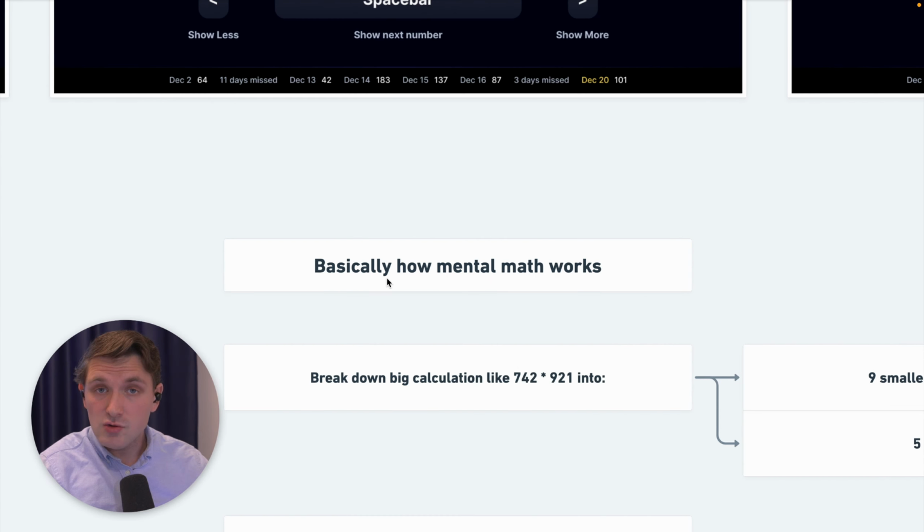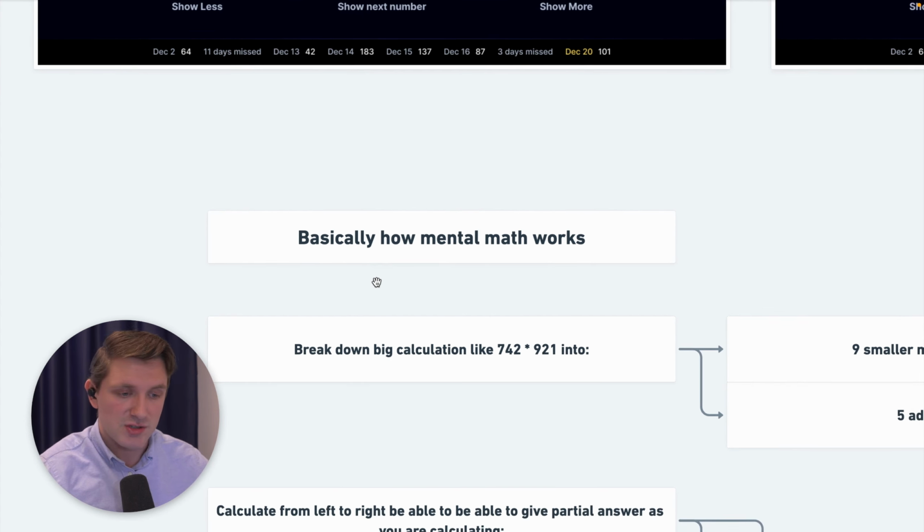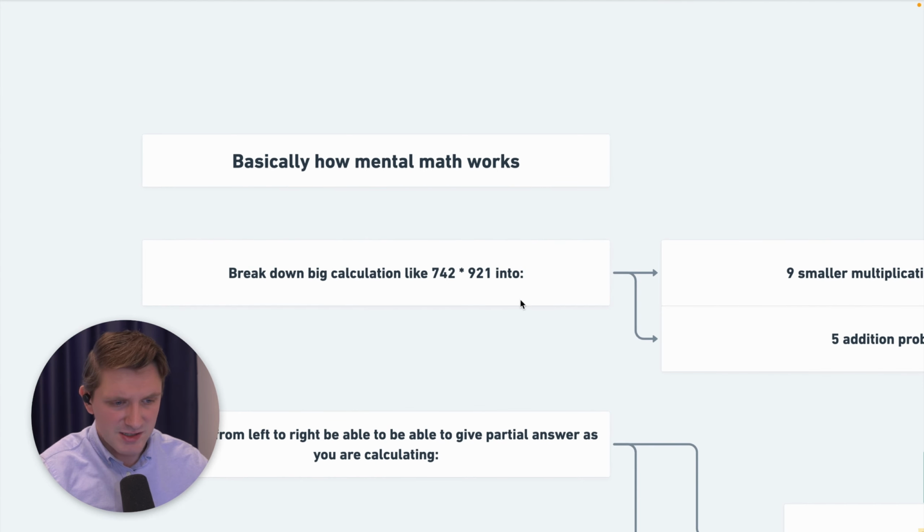So the idea of how to do mental math is that when you have a big calculation, you are able with certain techniques to break it down into multiple smaller and easier steps that you can do in your head. Because it's impossible to do this in your head straight like it is. You have to break it down.